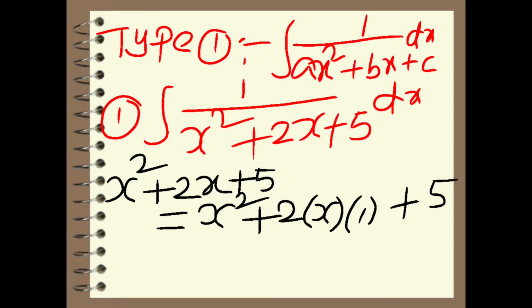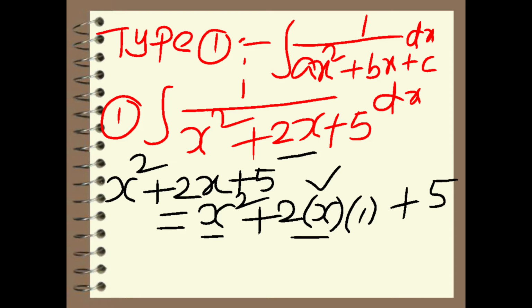Now we have to compare the expression with a plus b whole square or a minus b whole square according to the sign of the linear term. Here linear term means 2x. So before 2x what is the sign? You have to identify. Before 2x plus sign is there, so we can compare this by a plus b whole square formula.